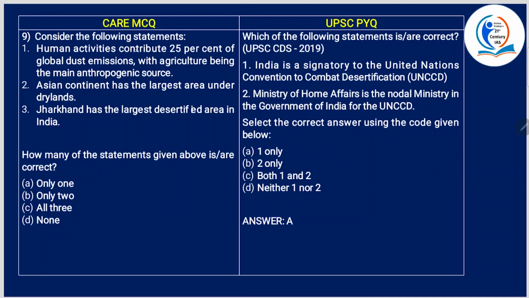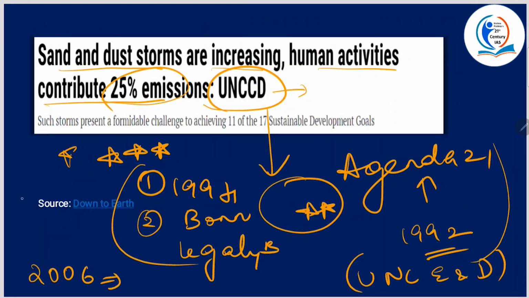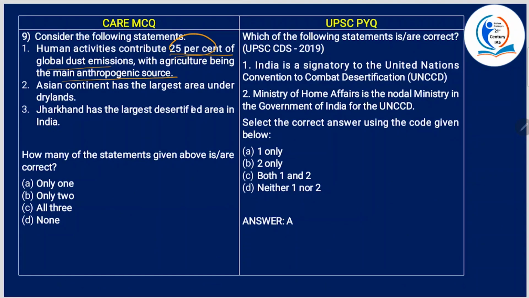Now, consider the following statements. Human activities contribute 25% of the global dust emissions, with agriculture being the main anthropogenic source. Yes, this 25% is already given here, right? So, this is correct. And Asian continent has the largest area under the drylands.